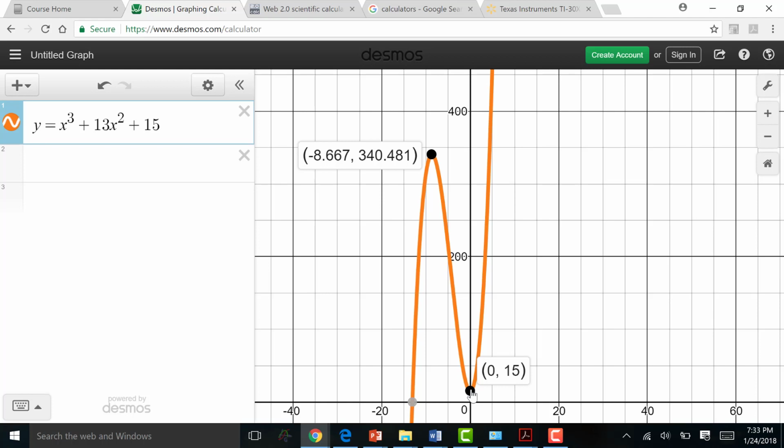Those are turning points. If it says, what's the maximum? What point should you be looking for? The highest point, literally. The highest point that you see, which was this one. So if it asks you for the maximum Y value, you're going to put 340.481.